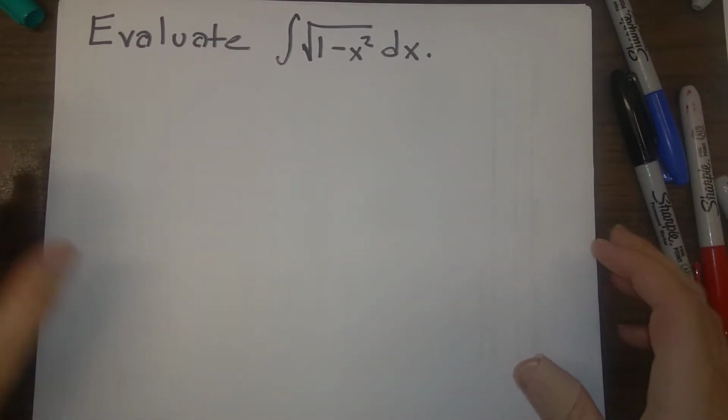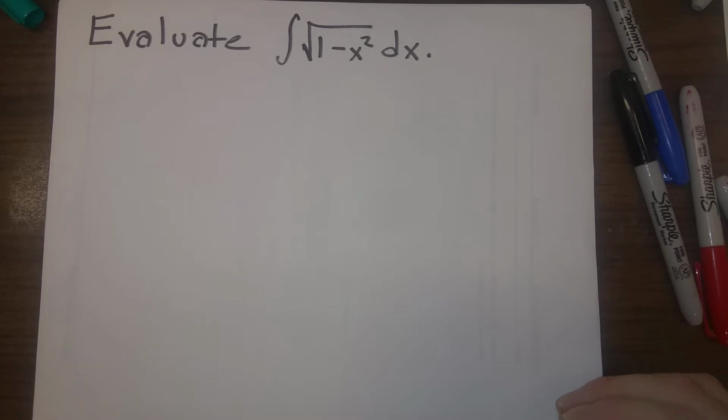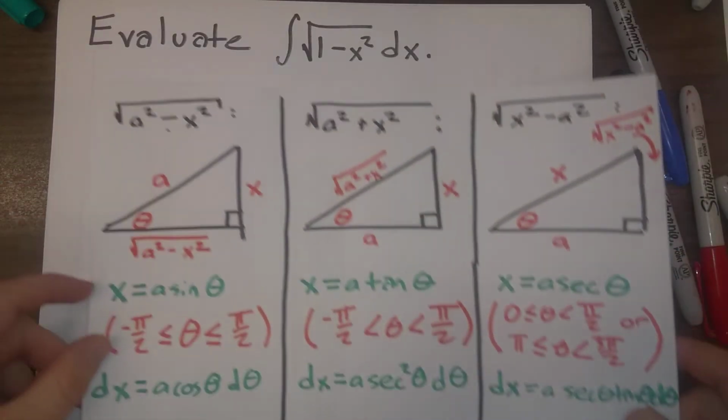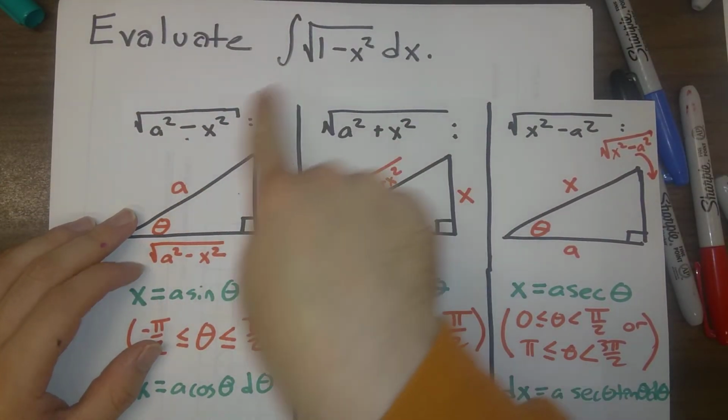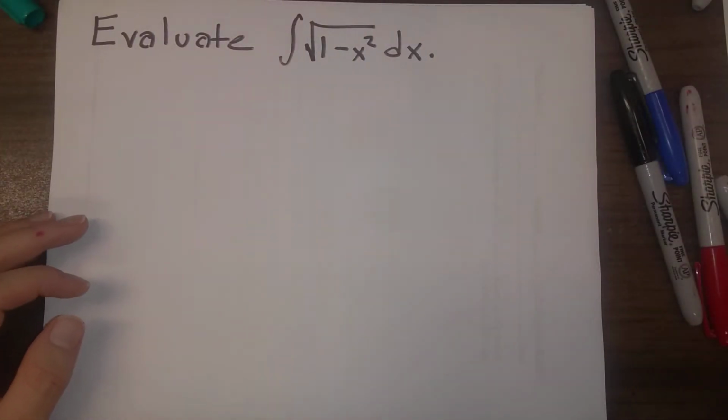Okay, so here we have the integral of just the square root of 1 minus x squared. So this is in the numerator instead of in the denominator like it was previously. So here a is going to be 1, and we'll make the same choices as we did before.